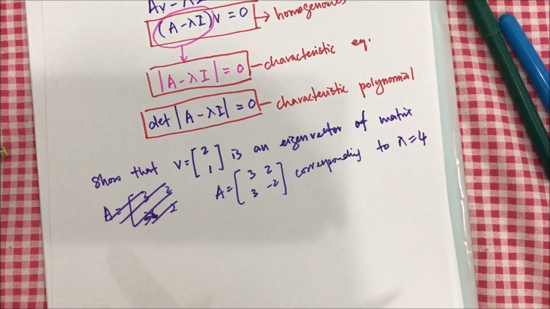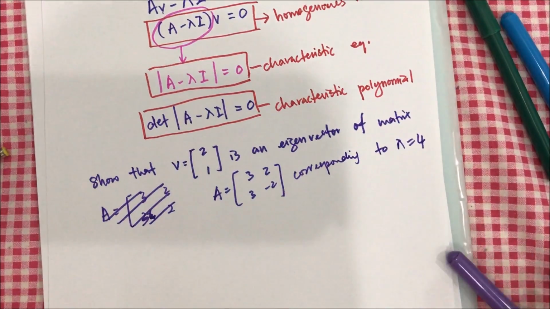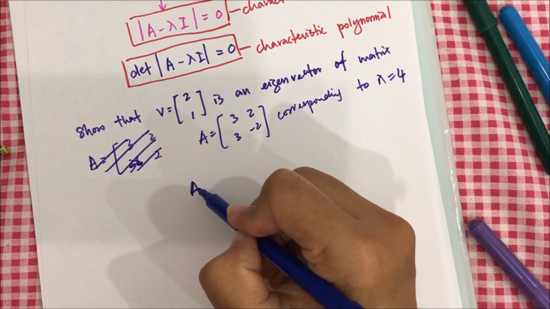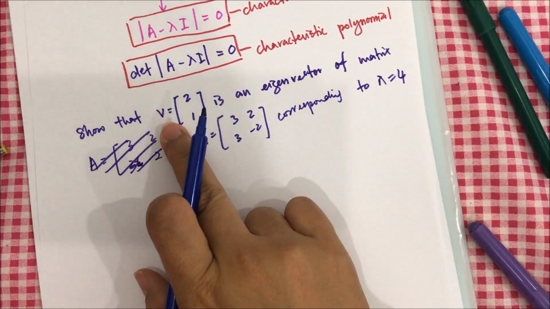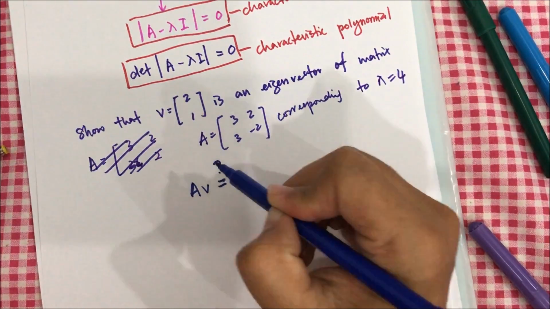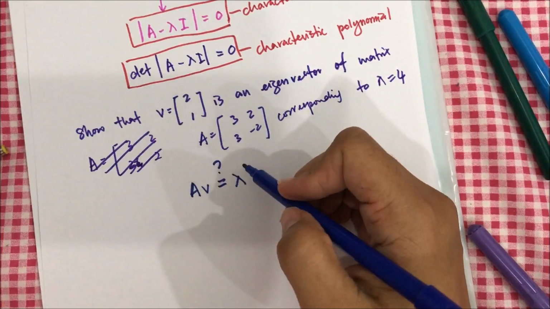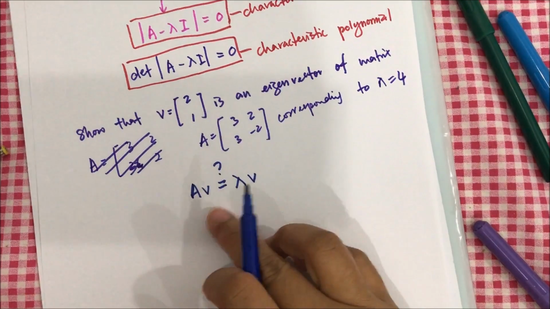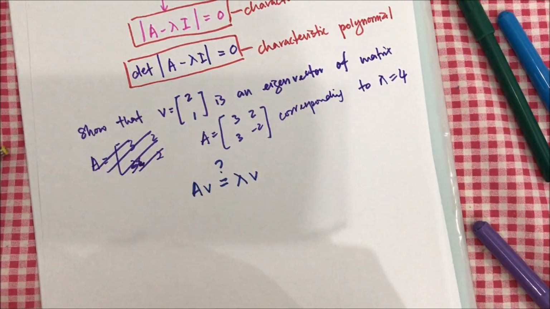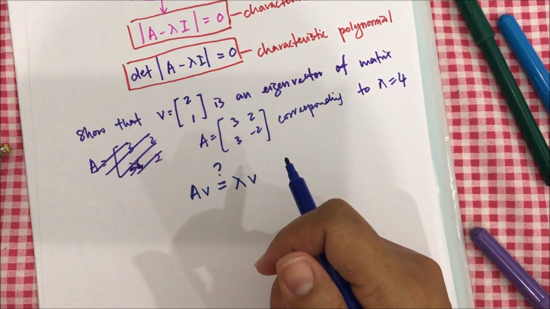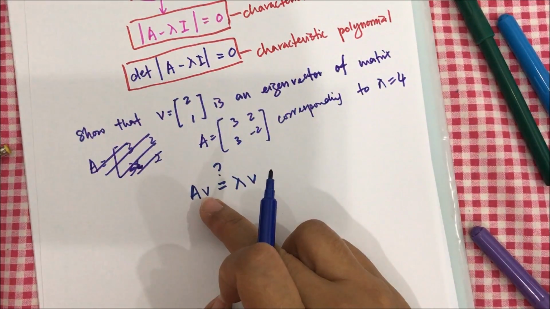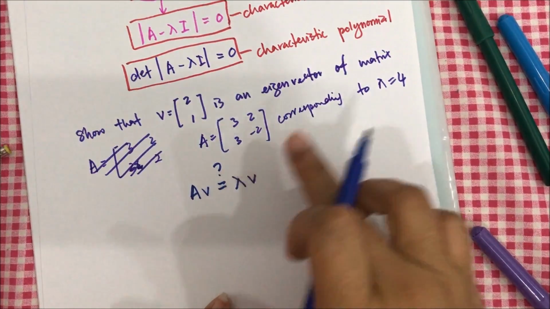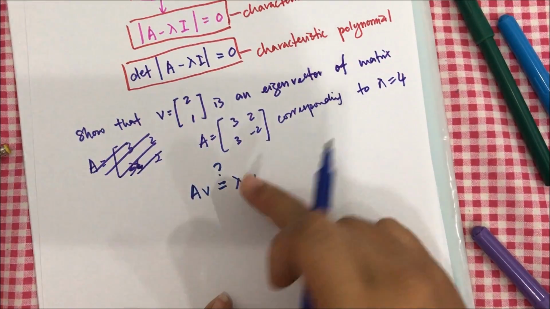That means now we want to find whether this matrix A times the eigenvector is equal or not to the eigenvalue times the eigenvector. So we don't know whether this V is an eigenvector for this eigenvalue or not.